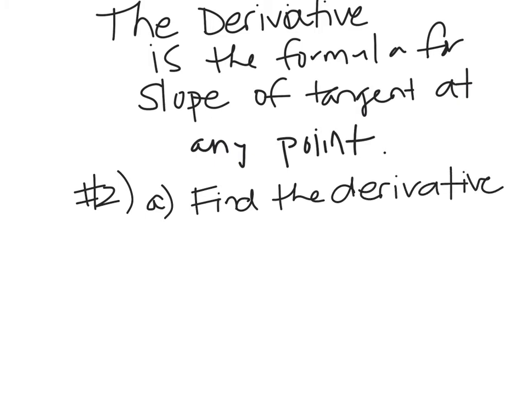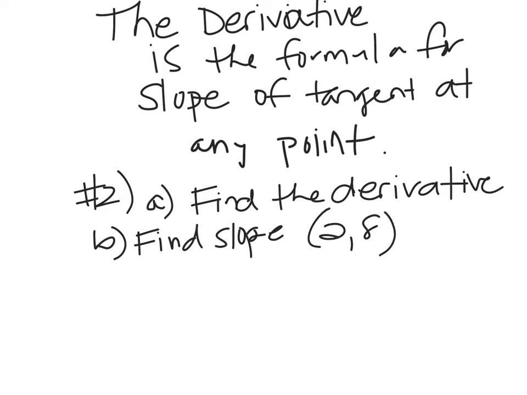And those of you going into calculus next year, this is kind of what we start with. We do limits, derivatives, and you'll all get this again, okay? We're going to find the derivative. We're going to find the slope at the point (2,8). And then we're going to find the equation of the tangent line.